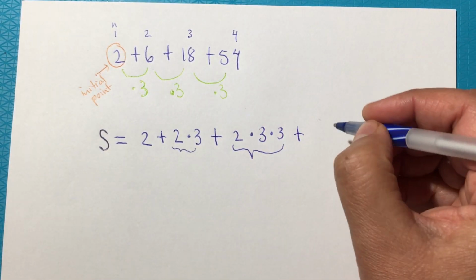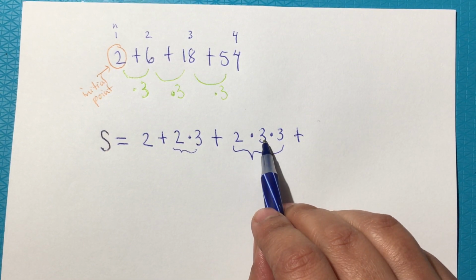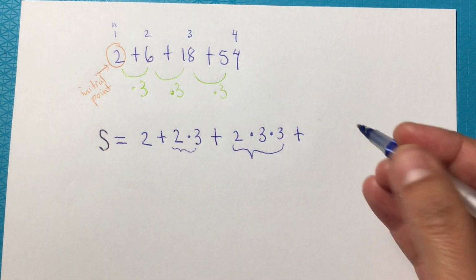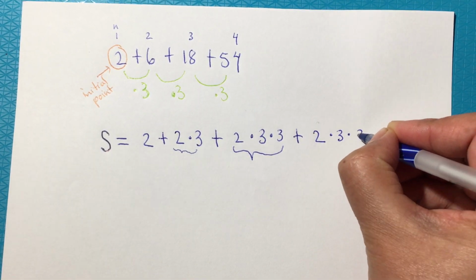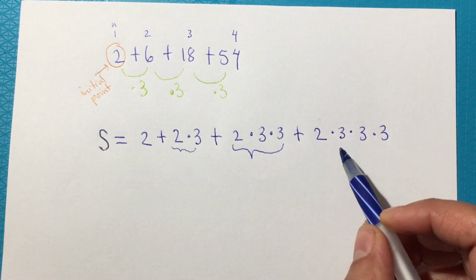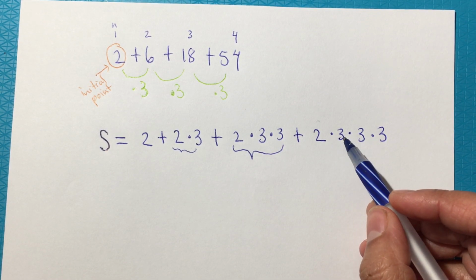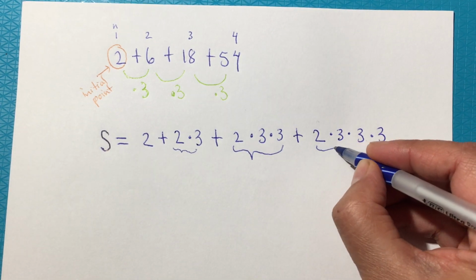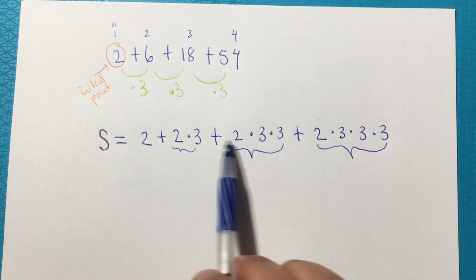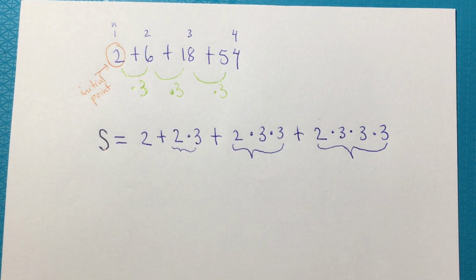And then the 54, and if you see 2 times 3 is 6, 6 times 3 is 18. And the next one is 2 times 3 times 3 times 3, right? Because 2 times 3 is 6, 6 times 3 is 18, 18 times 3 is the 54. And so this is exactly the same thing as that.